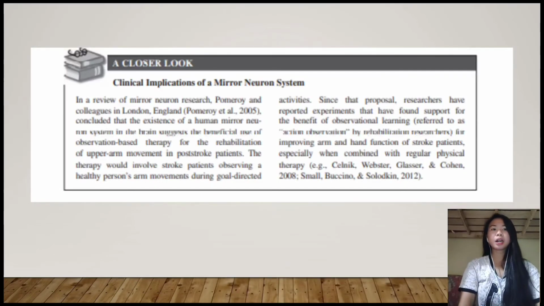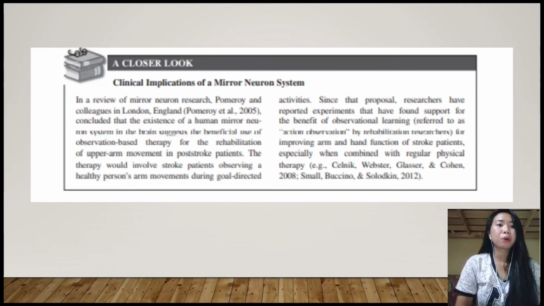Next, a clinical implication of the mirror neuron system. In a review of mirror neuron research, Pomeroy and colleagues in London, England, concluded that the existence of a human mirror neuron system in the brain suggests the beneficial use of observation-based therapy for the rehabilitation of upper arm movement in post-stroke patients.